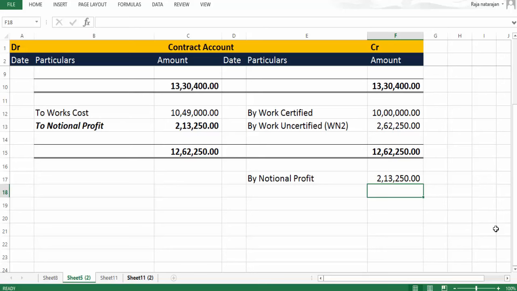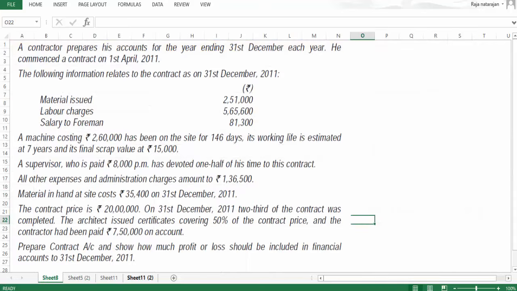Okay, so if you go through the question says 2/3 of the project has been completed. Okay, so 2/3 means it is greater than 50%, so it is in the band of 50 to 90. When it is between 50 to 90, then you have a specific formula where you will be taking 2/3 of the notional profit adjusted for proportion of cash received to work certified.